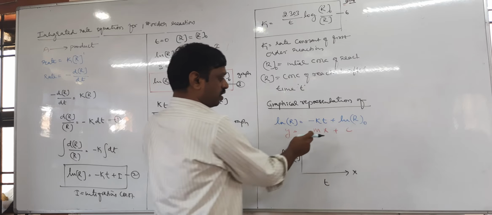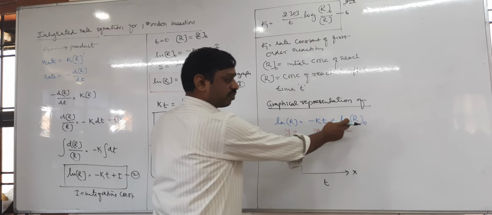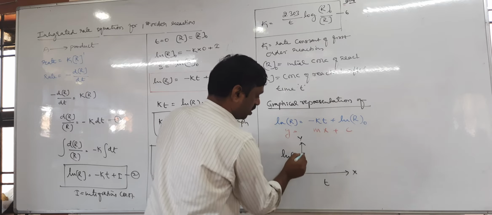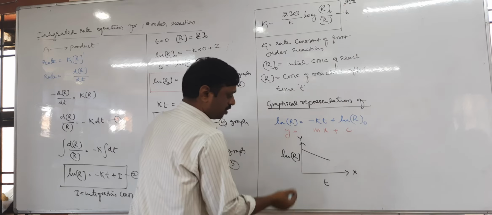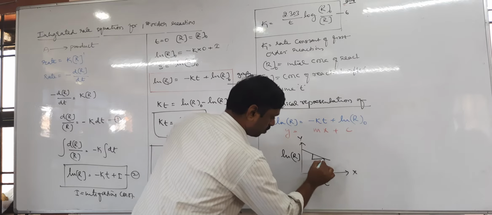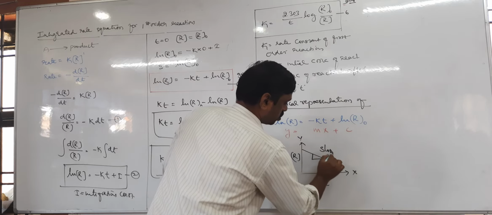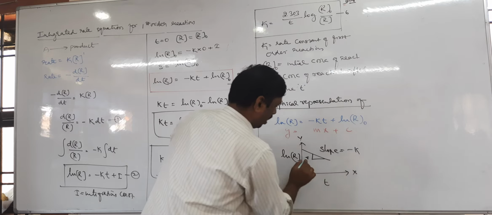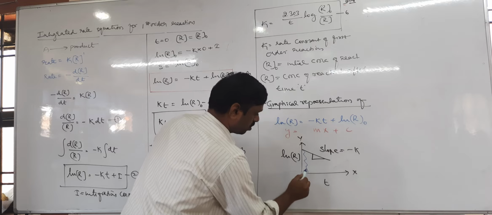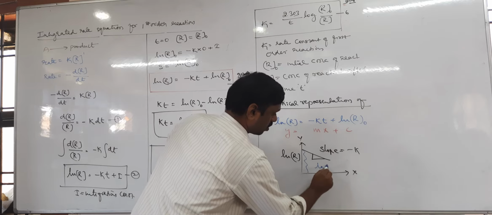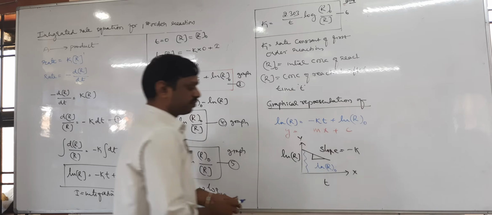There is a negative slope and intercept is ln R naught, therefore there is intercept, therefore the slope is negative, so graph is like this. So slope equal to minus k and intercept is ln R naught.